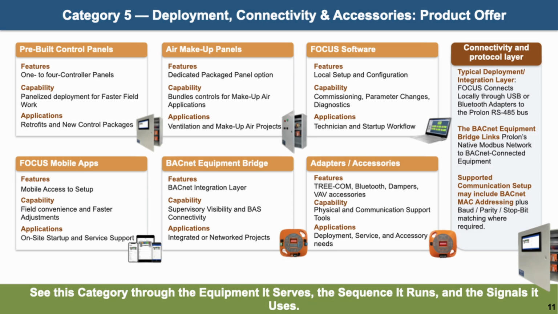The fifth category covers the tools and supporting hardware that make Prolon easier to install, configure, integrate, and service. It includes pre-built control panels, air makeup panels, Focus software, Focus mobile applications, the BACnet equipment bridge, adapters, and accessories such as TreeCom, Bluetooth adapters, dampers, and VAV accessories.